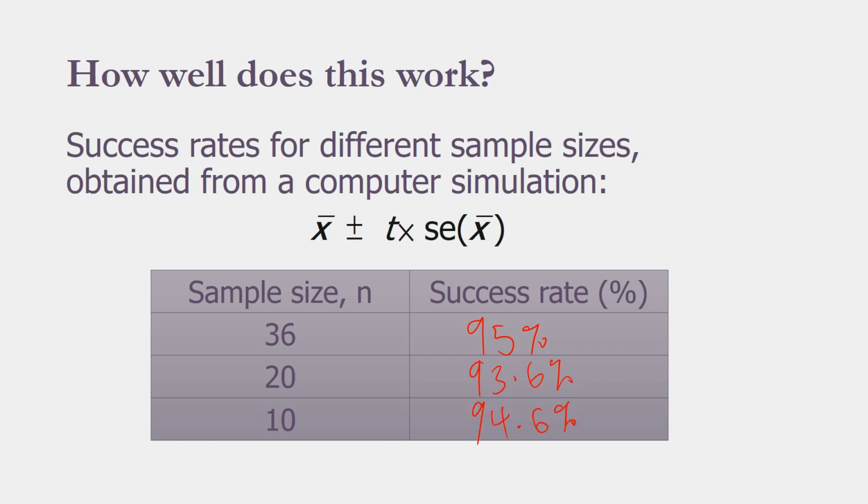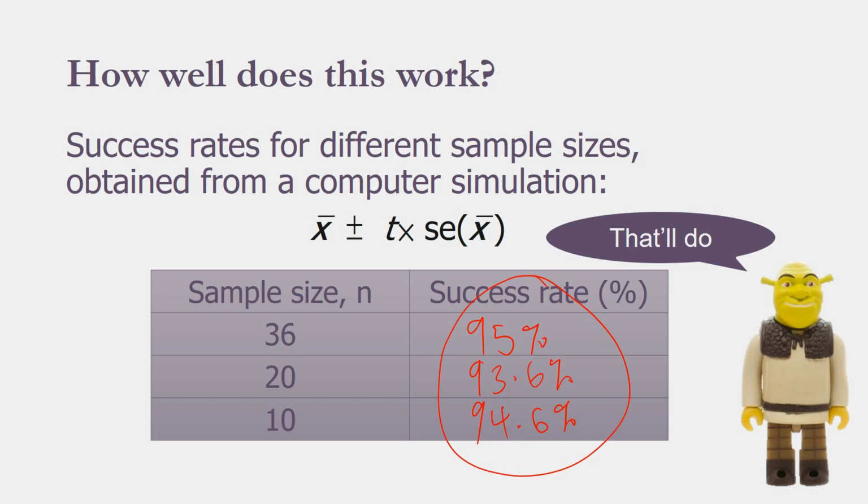Okay, so this is a simulation that we've just viewed, taking samples over and over again and getting new sample means and building these t standard error confidence intervals. So if we ran it again, these success rates would change slightly. But what we're seeing is that all of these numbers are pretty darn close to 95%.